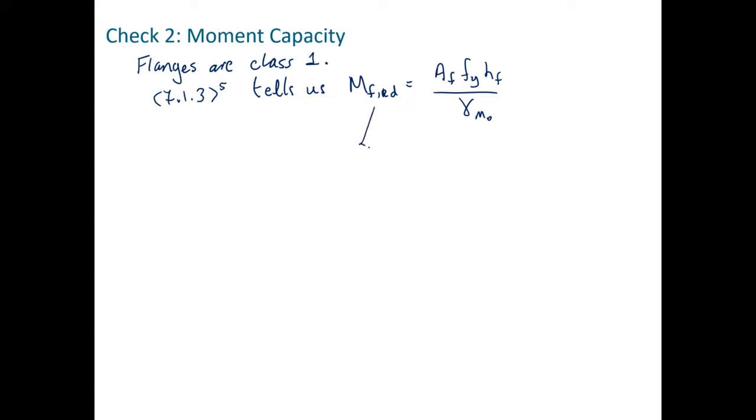Okay, so this is the plastic moment of resistance of the flange. AF is obviously the area of the flange. Fy is the yield strength of the flange.